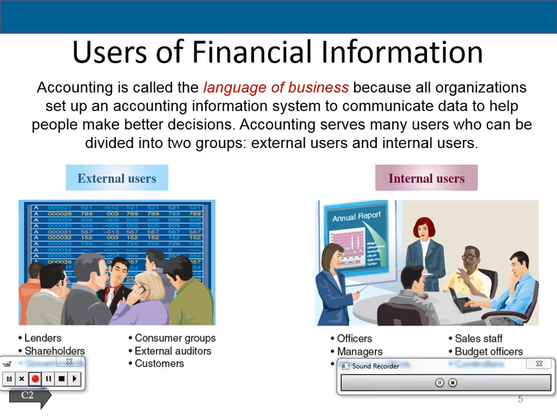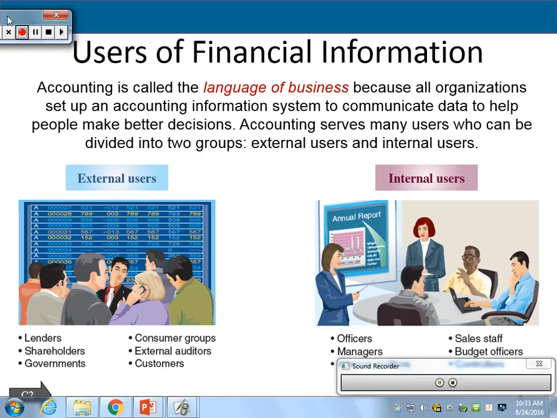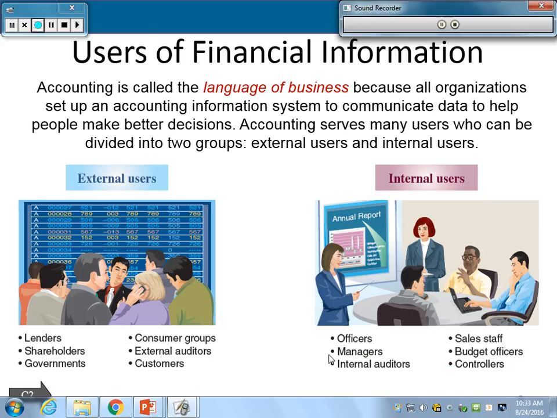This is where users of accounting comes in. So there are people on the outside and on the inside that will find accounting information useful, right? You've got external users. Those are the people who probably lend you money, who have invested in your company, right? The people who actually patronize your business and your product.